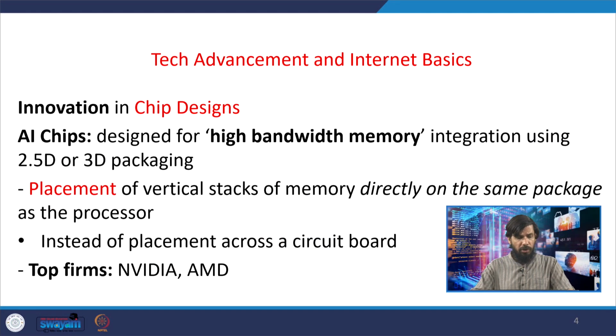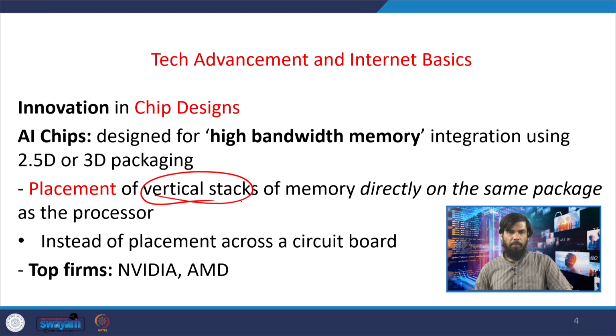Then another innovation linked to AI chips is that they are also being designed for high bandwidth memory integration, using 2.5D or 3D packaging. The packaging has improved through this design in terms of dimensions. Instead of horizontal packaging, we are now going more for vertical packaging, vertical stacks.